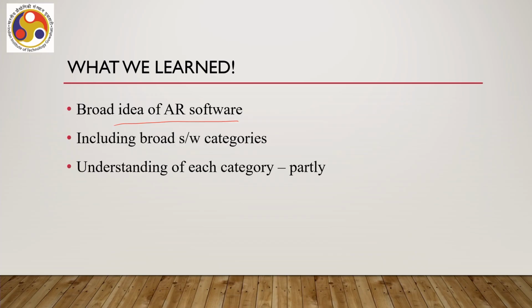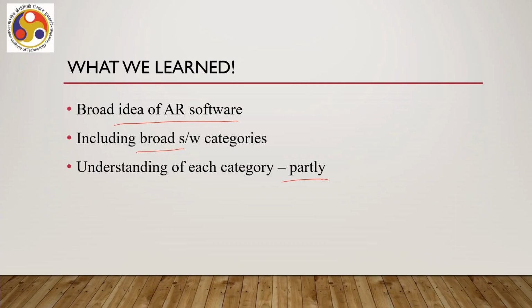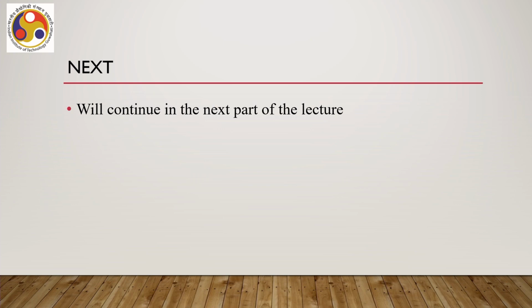We are following skill requirement based categorization, and based on that we started our discussion with the low level libraries and frameworks. Then we moved to authoring tools for building prototypes, which we are continuing. So, we have covered that category partly. We are going to finish that category in the next lecture along with other categories.